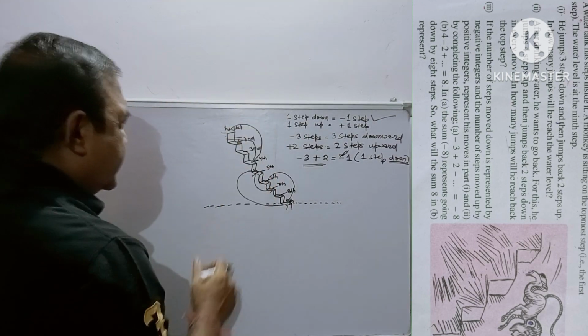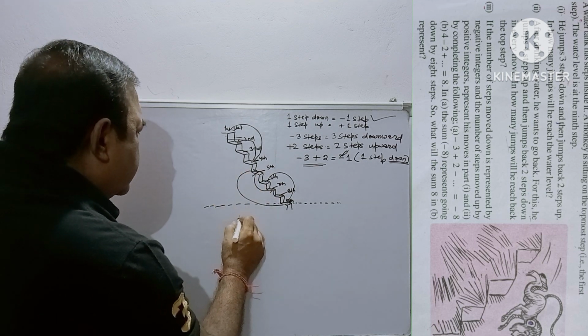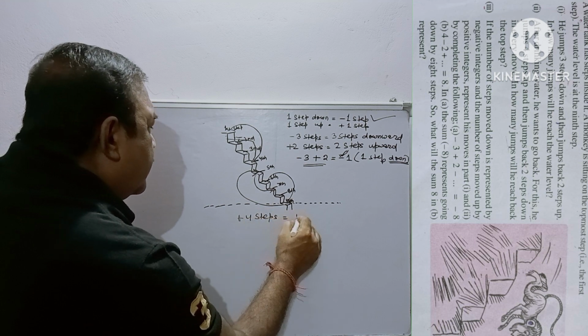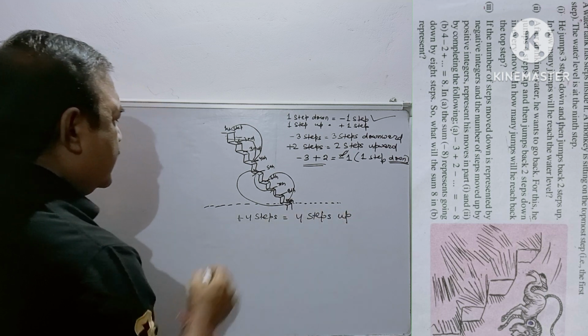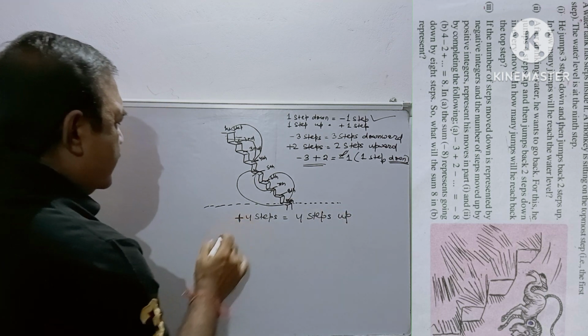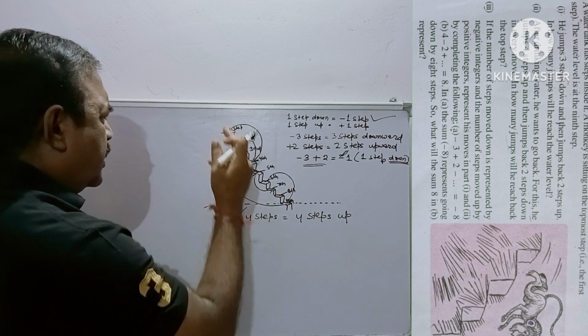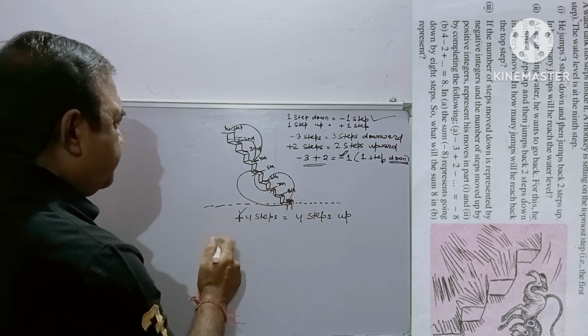Like this, we will consider. When he is moving up, that is plus 4 steps, that means 4 steps up. This plus sign indicates the upward direction. So plus 4 steps, that is 4 steps up.